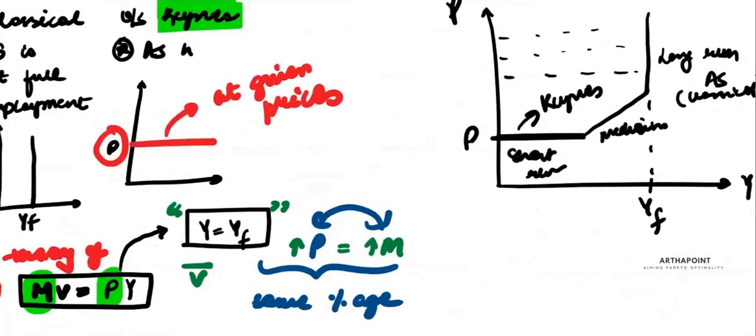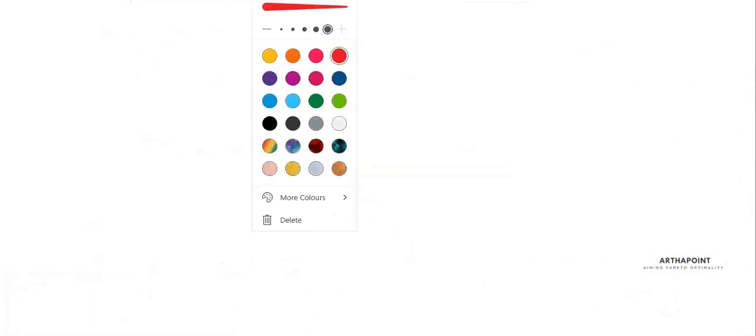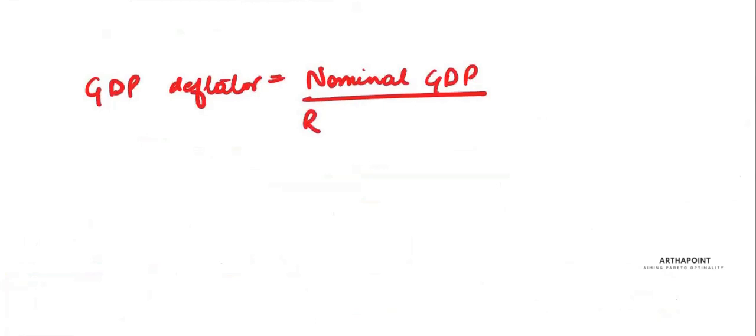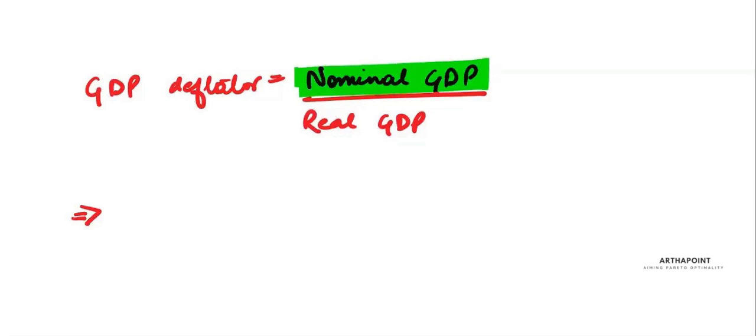Please remember this formula for GDP deflator. Let's write this down once. GDP deflator is basically nominal GDP upon real GDP. Nominal is in terms of price, real is in terms of goods, units.